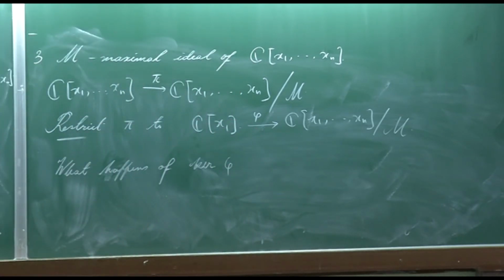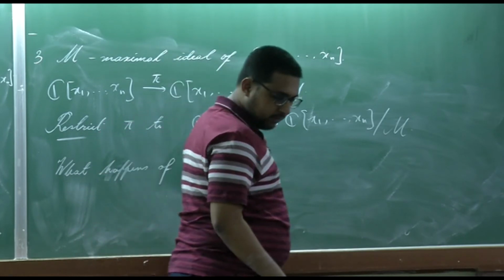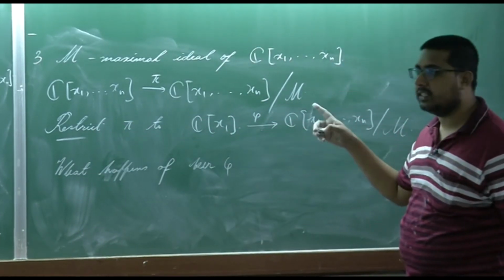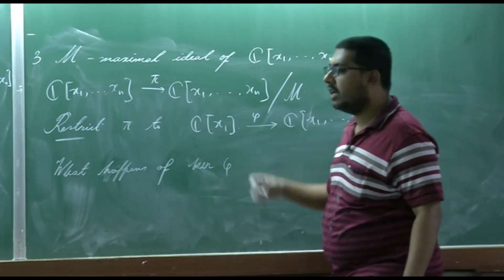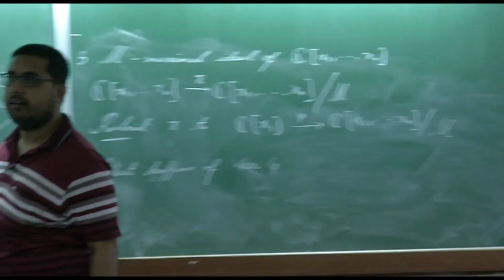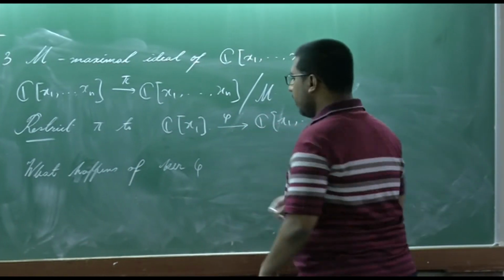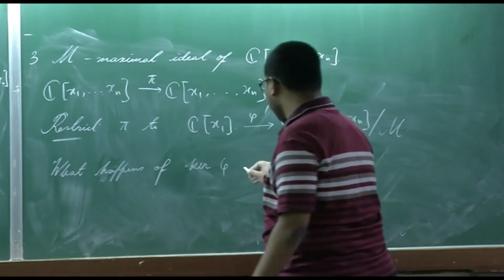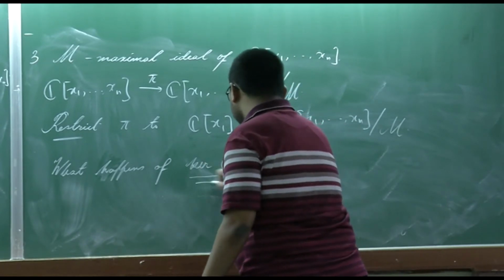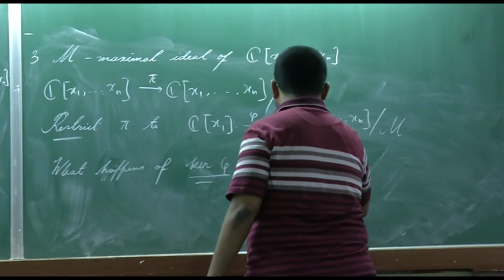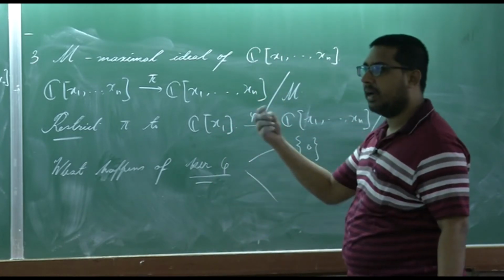Earlier, in the beginning of this course, we have seen that in this case the kernel is either trivial or it is going to be a maximal ideal, because this is an integral domain. So we have two possibilities: either this is 0, or it is a maximal ideal.